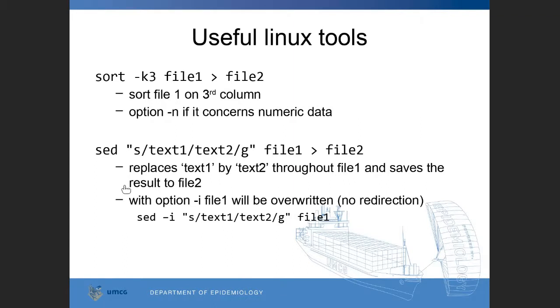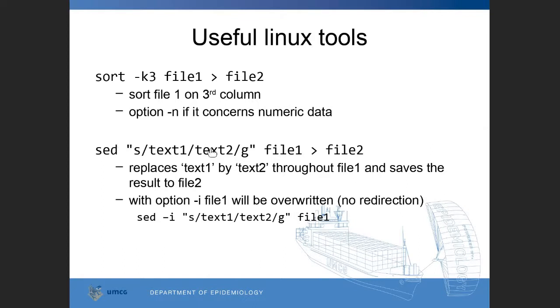Another nice command in Unix is the sed command, where you can replace text by another text. So text 1, replace it by text 2 throughout the file. That's what this slash g means, throughout the file.